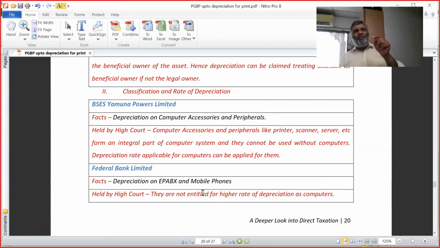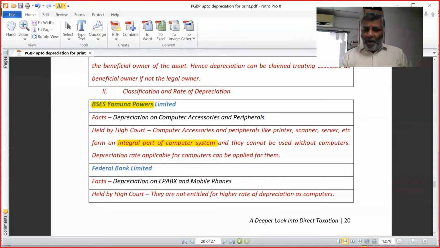Whereas mobile phone and EPABX system and all, though linked via computer, can still perform their operation individually. So, in BSES Yamuna Powers, it has been held that printer, scanner and all are an integral part of the computer system, so the rate of depreciation applicable for computers is allowed.